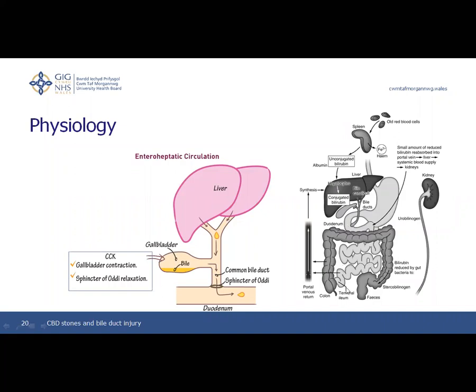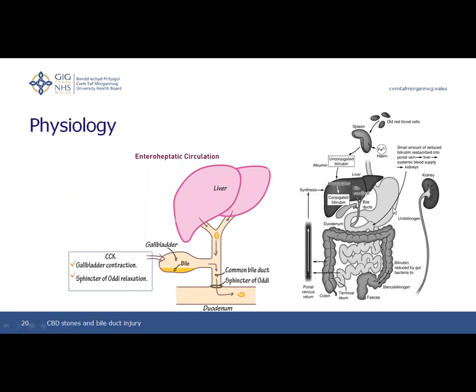In the terminal ileum it gets reabsorbed, enters the systemic circulation, and again enters the liver. This is the cycle of bilirubin absorption, the enterohepatic circulation.